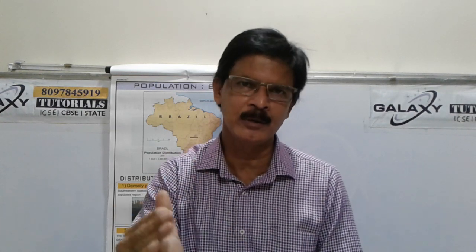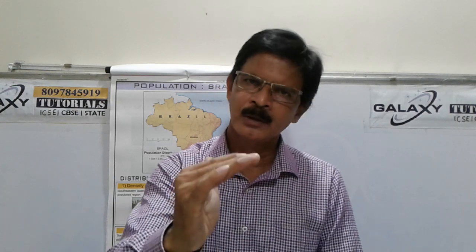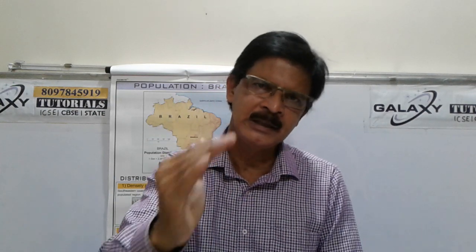Today, an average Indian is expected to live for at least 68 years. From 41 years, we have now gone to 68 years. So you can safely say that an Indian is expected to live for 68 years.